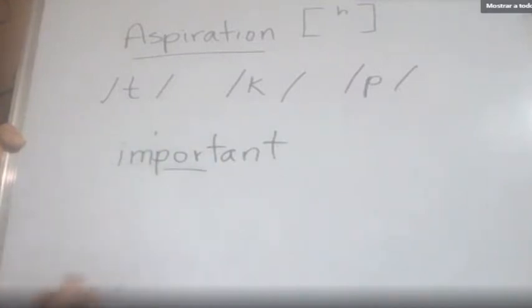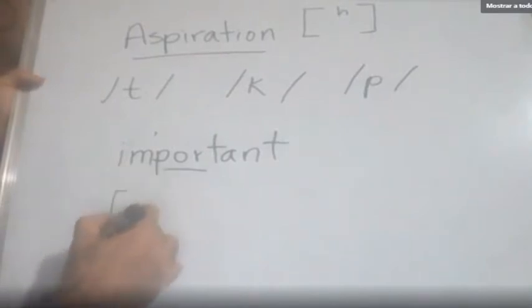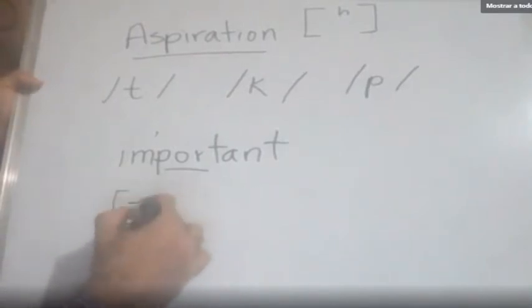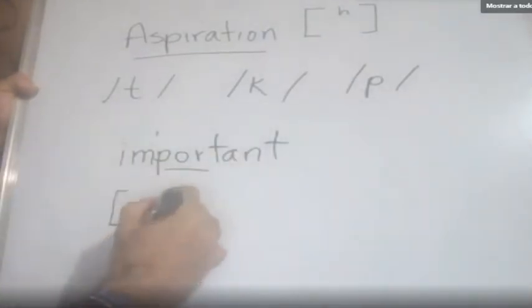The syllable starts with a voiceless sound, a voiceless stop, which means the pronunciation. I'm not going to include the other details, okay? I'm just going to include the aspiration so you can see it.